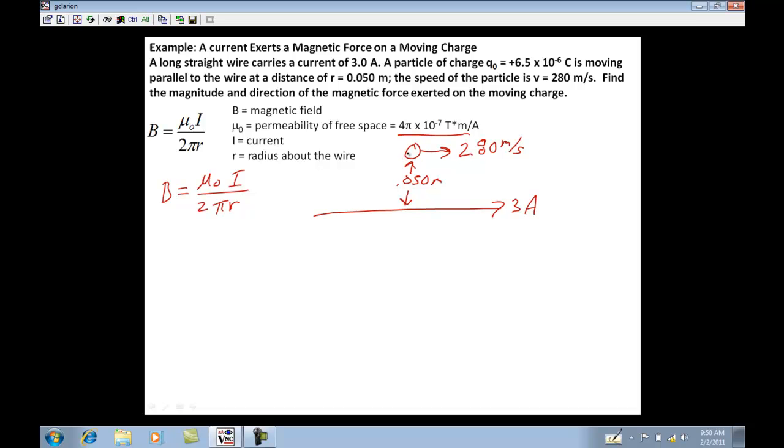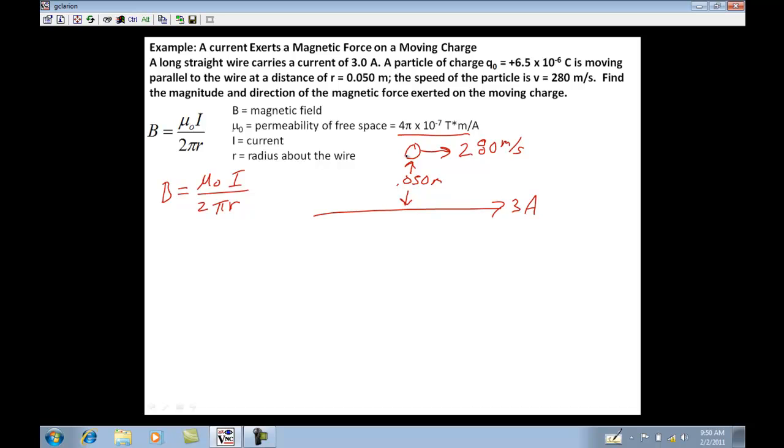Now, that magnetic field at that location, is it going to be pointed into the page or out of the page? What rule are we going to use for that? Right-hand rule number 2. So we grab the wire, and above the wire, which way are my fingers pointing?